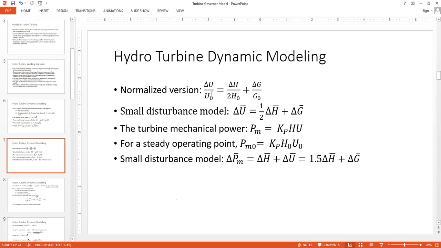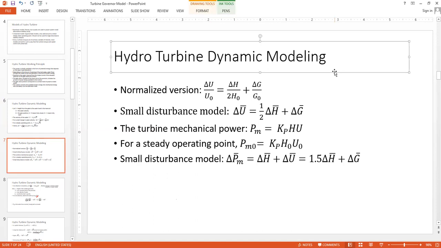So what's the benefit? The benefit is that if you are scaling it with respect to a generalized operating point, you see in the operating point, we had the variables U equals U naught, G equals G naught, and H equals H naught. So this was the configuration of the operating point.